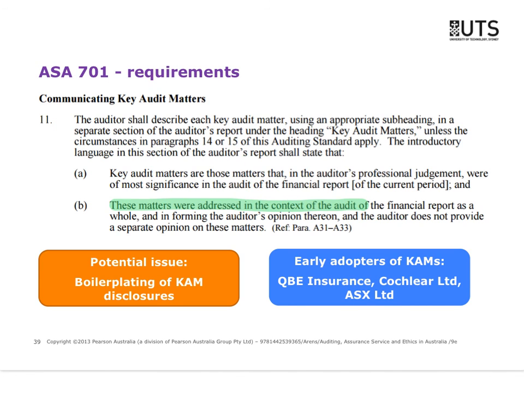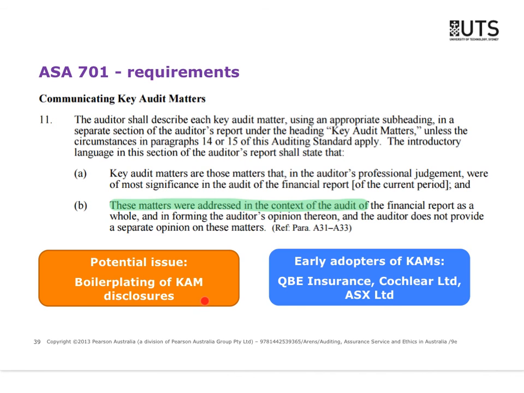All right. Now, at the beginning of semester, we did look at some examples: QBE Insurance, Cochlear Limited, ASX, where they gave us very detailed information on, oh well, this was an issue, we had to look at this estimate, management had to make this judgment, which relies a lot on this information, which is very speculative. But the big issue that's going to face the industry is what happens if all of the key audit matter disclosures start to look the same?